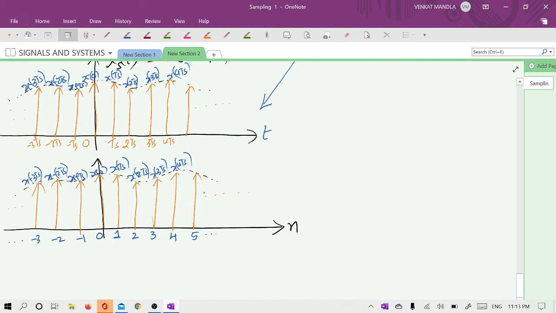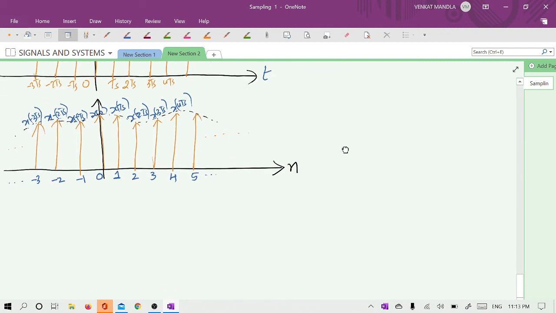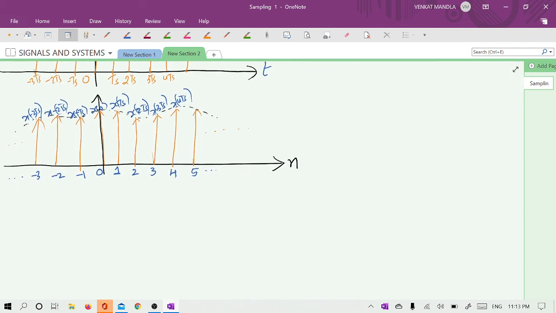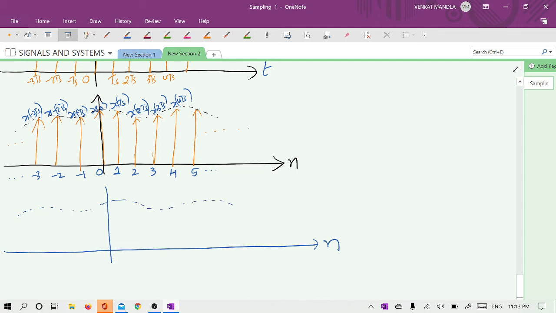I will try again. I don't want to disturb this. I'll draw again. This is n. These are stems.